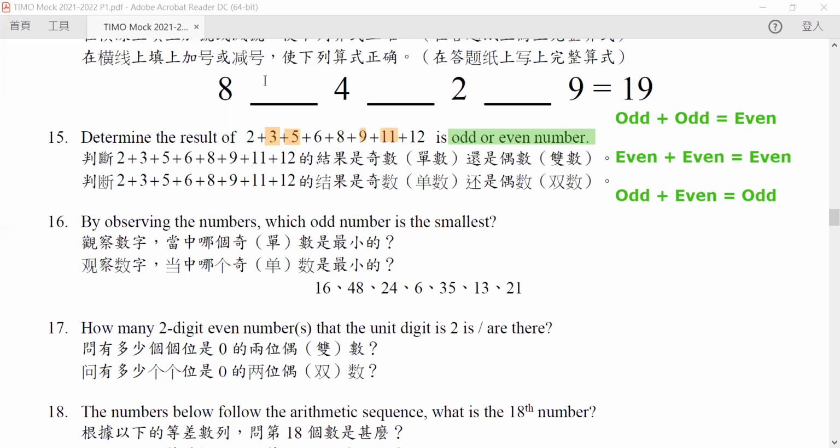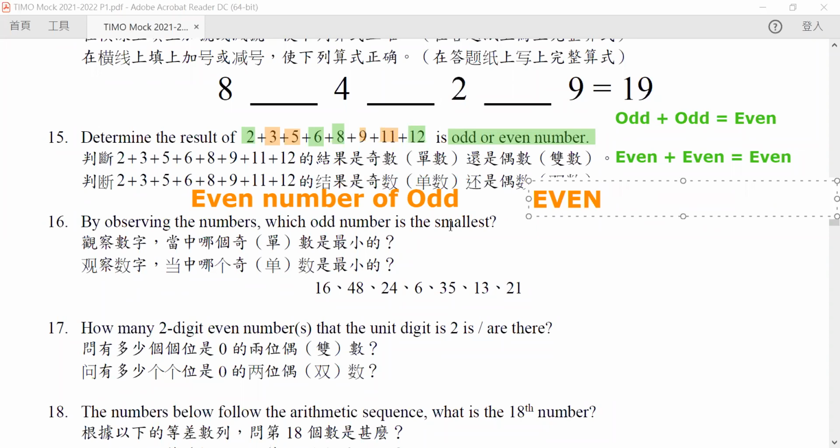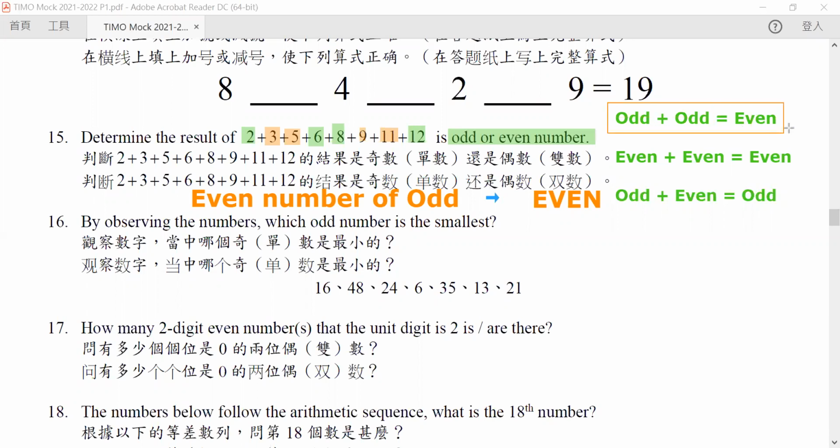And we also know that no matter how many even numbers you sum up, the result will always be even. Because they have an even number of odds, according to these rules, they will sum up into even.